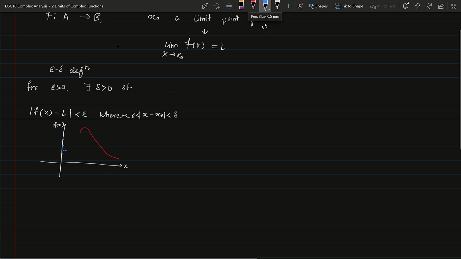So what we are doing here is identifying some interval on the x-axis. If we apply this method, suppose this point is x naught, then we have this interval. So what is the sense? Whenever we take a point from this interval containing x naught, then the function values will always come from this neighborhood of L on the y-axis. And this point is going to be the limit.